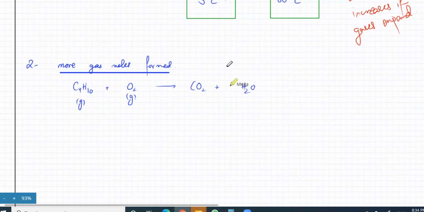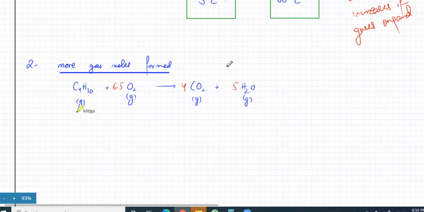How many water molecules? It's going to produce 5 water molecules and 4 CO2 molecules. And let's assume the reaction is happening at a higher temperature, so they're both in gaseous state. So that's 4 plus 5, that's 9.